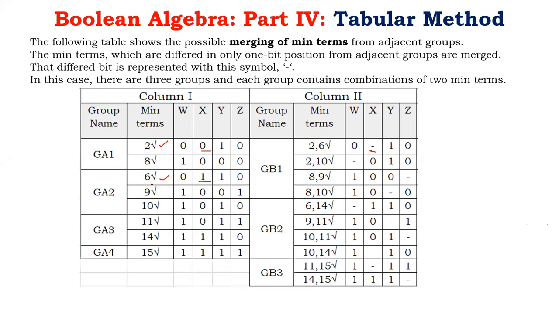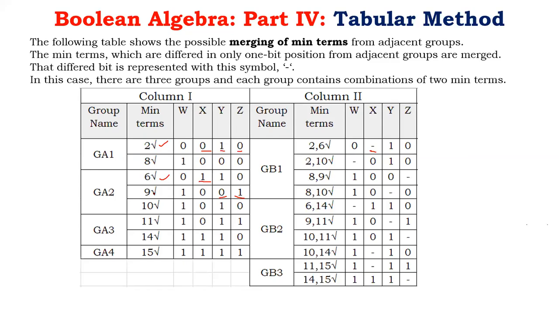So 2 to 9, there is a 2 bit position change, 1, 1, 0, 1. So that is not a 1 bit position change, so we cannot consider this.